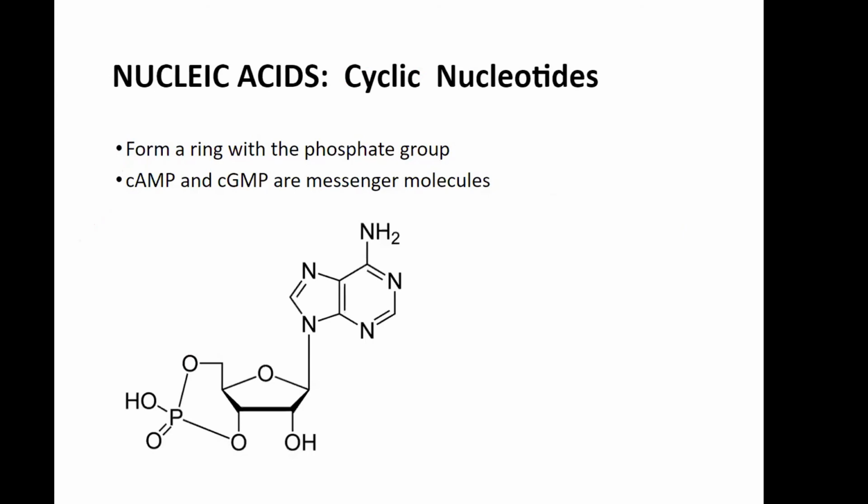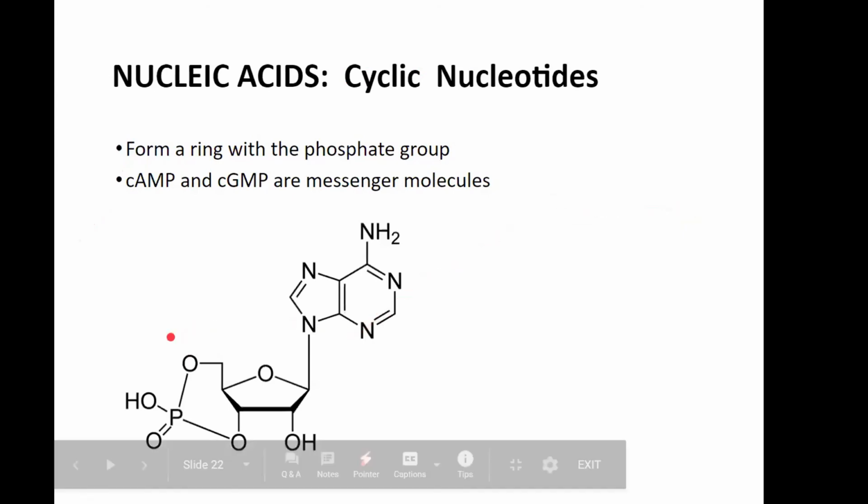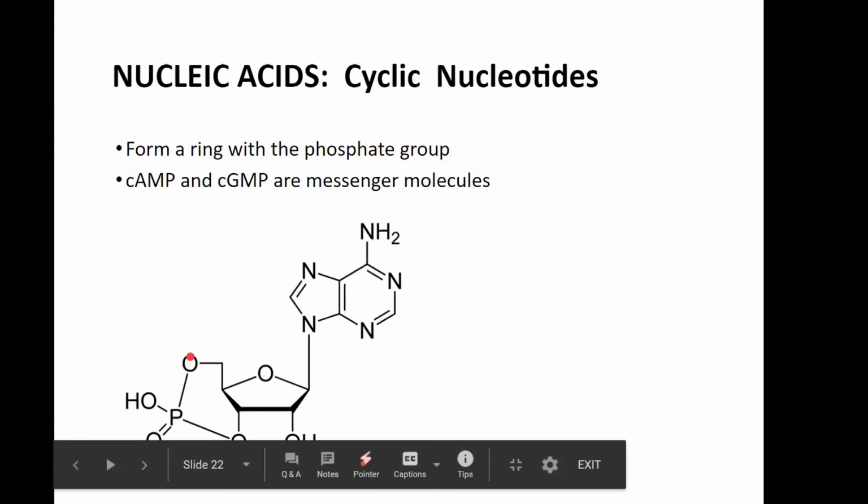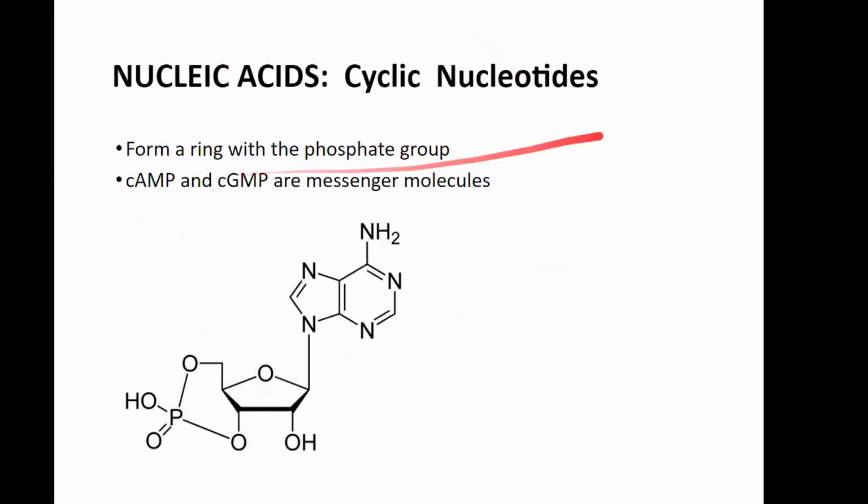So if we were to look for what these cyclic nucleotides look like, they basically form a ring with the phosphate group. So we can see here that we have a phosphate group, but it attaches back down over here to our sugar. So that's why it's cyclic. That's why we have this C here at the front.